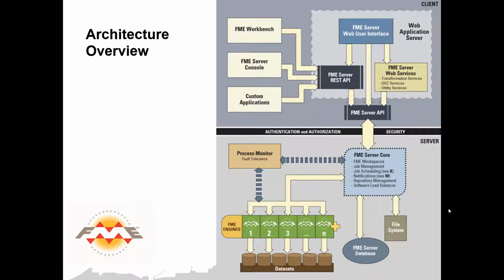But an engine typically will run one job at a time, and ideally you need a CPU available on the machine to run your process on. So they're sort of some simple stipulations to be aware of when you're sizing your environment. But outside of FME Server, you have your security layer.